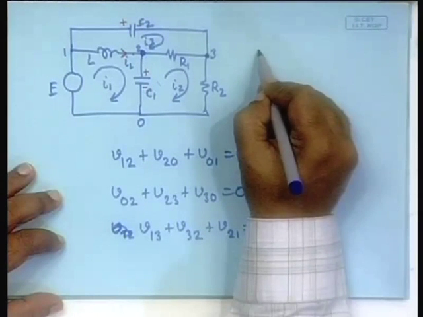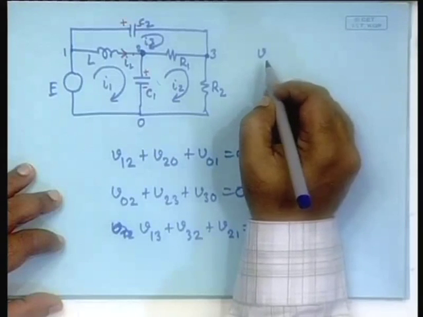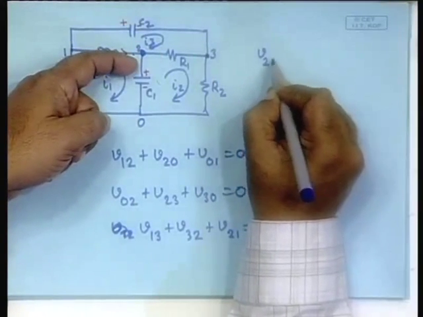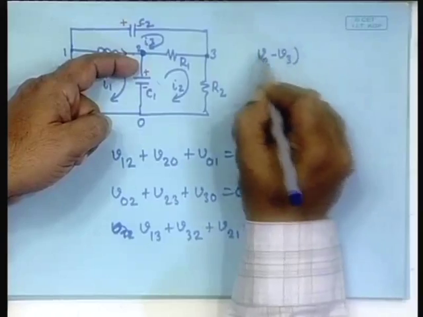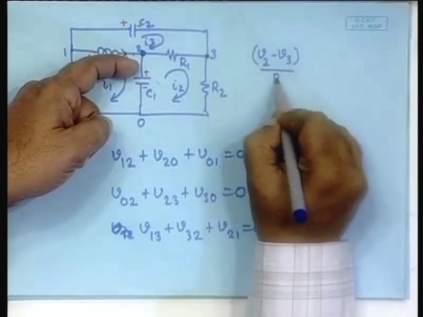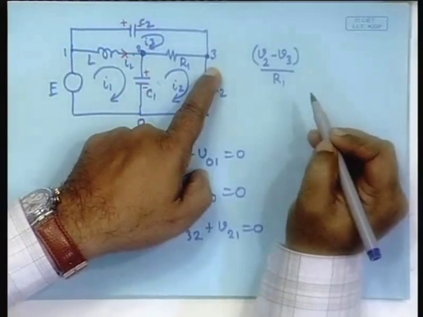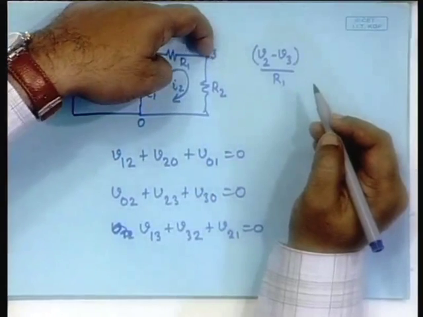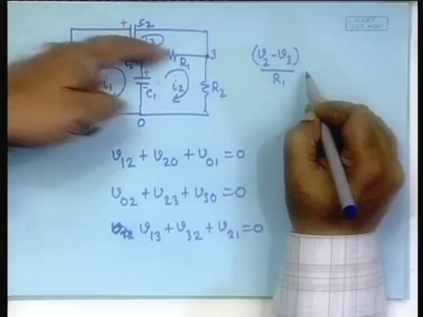It is V2 minus V3 by R1, there is a current here. Input.